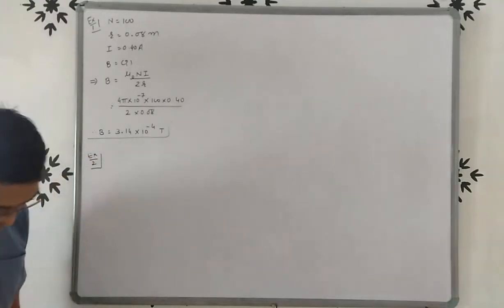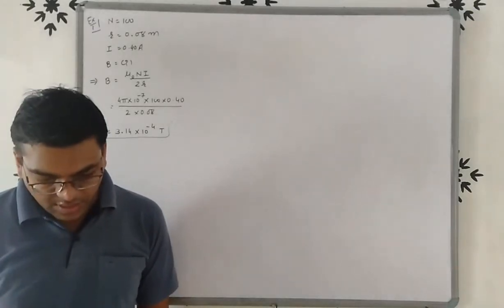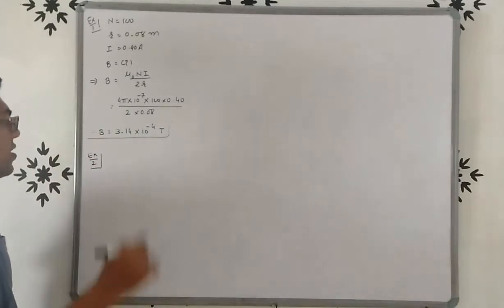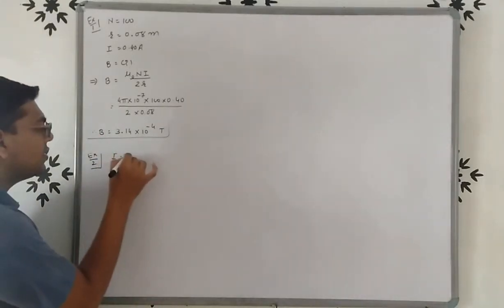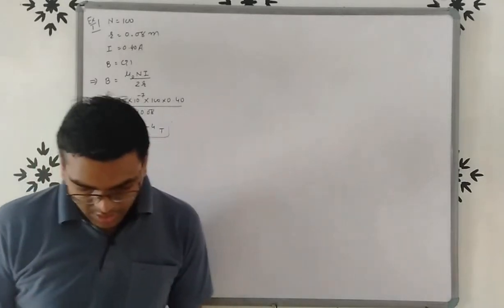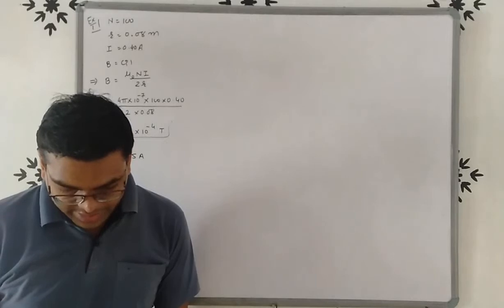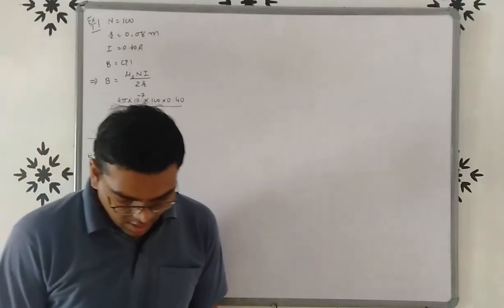See, a long straight wire carries a current of 35 ampere. So here value of current I given, that is 35 ampere. What is the magnitude of the field B at a point 20 centimeter from the wire?